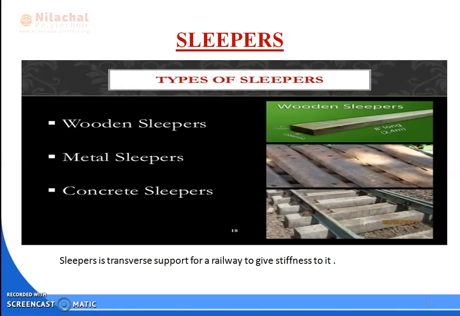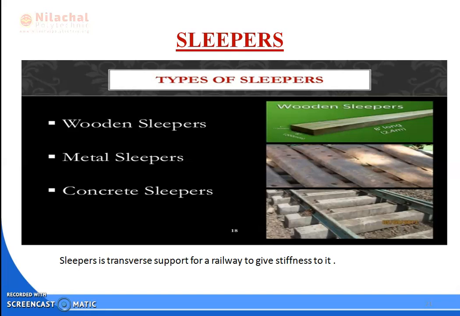Okay. So wooden slipper was normally used in India in past years, but nowadays only concrete slippers are used. Next, in India, as the climatic conditions change from place to place, it is difficult to choose the best wood for the slipper.